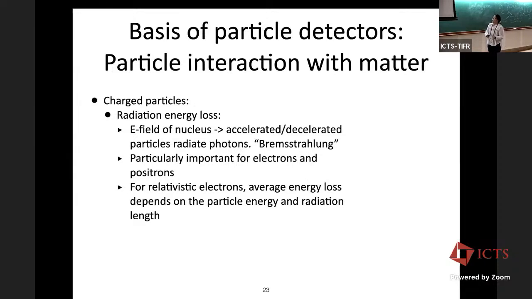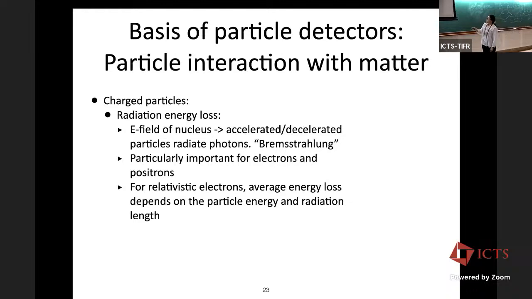The other process for energy loss for the charged particle is radiative energy loss. So you have a nucleus in the material of the atom. It produces an electric field. And when a charged particle passes by, it can be accelerated or decelerated, depending on which direction it is coming in, approaching or going away.